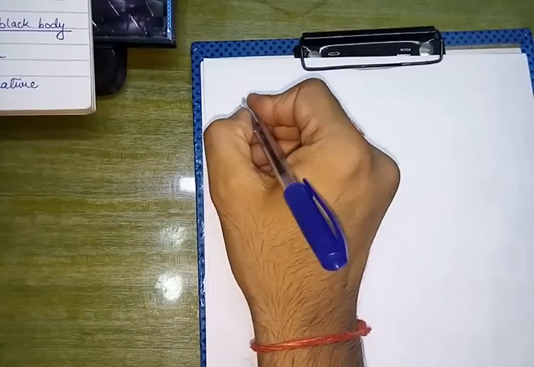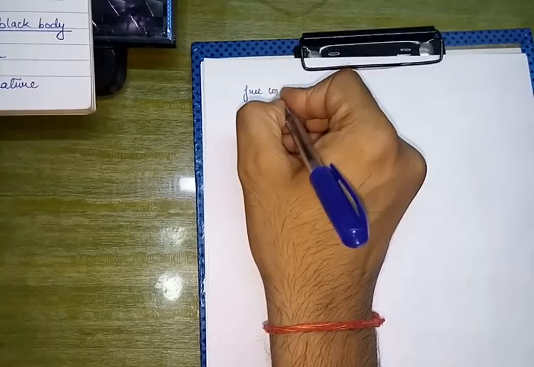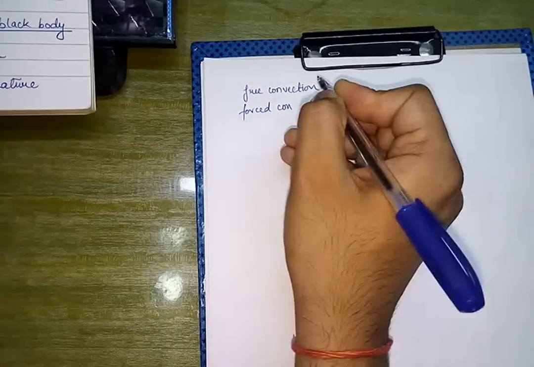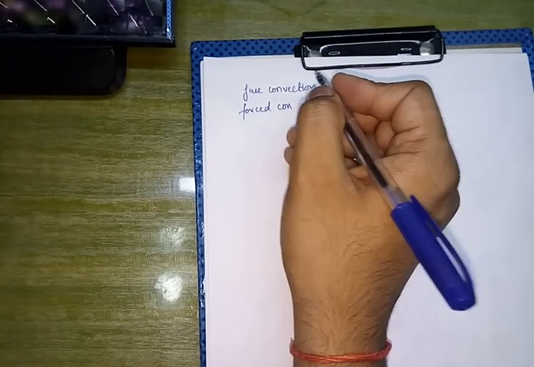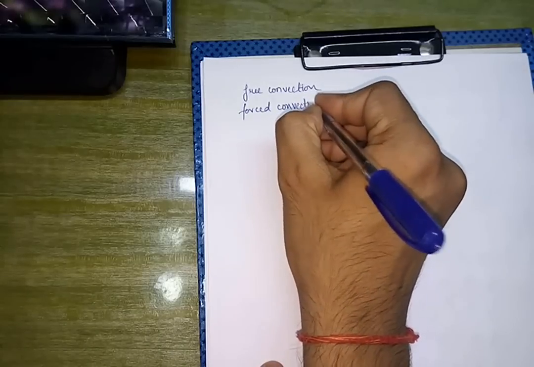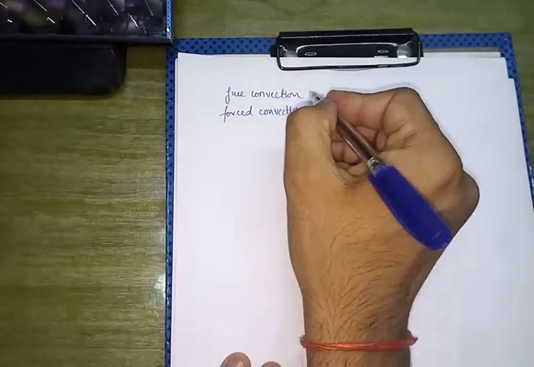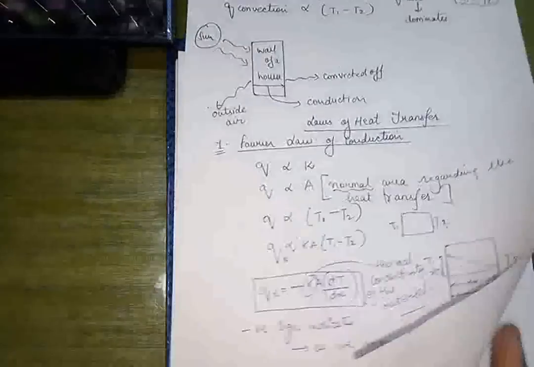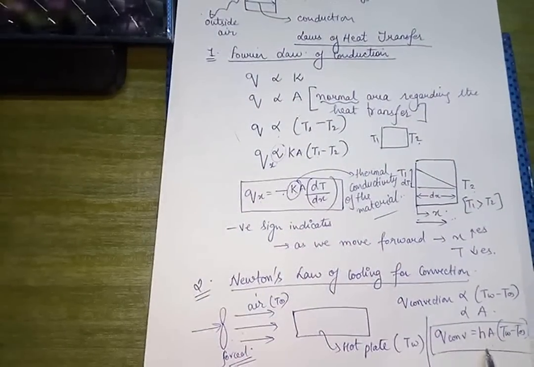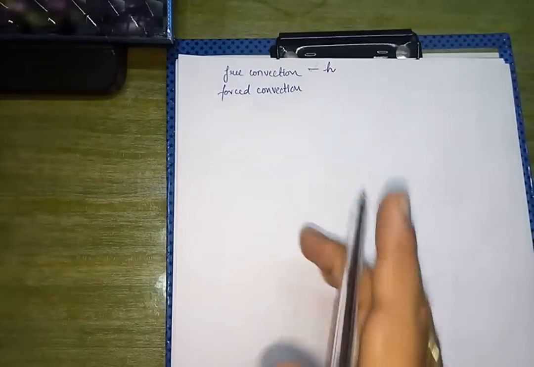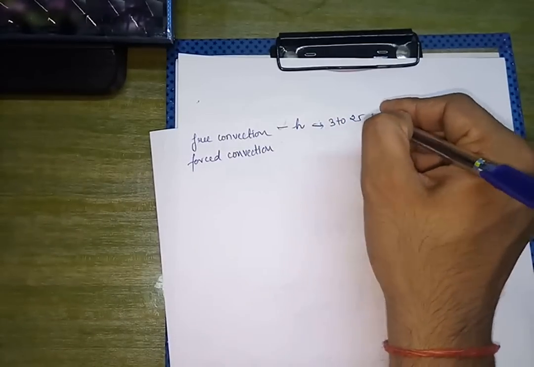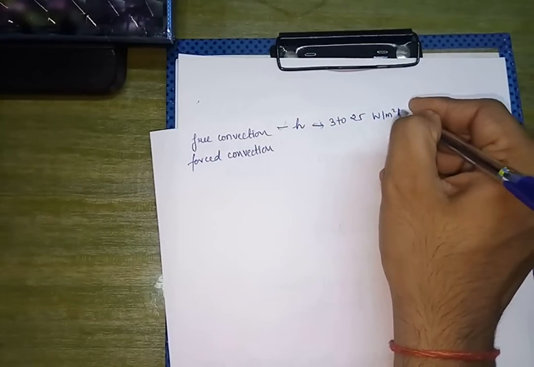Now if we compare free convection and forced convection, then in case of free convection, the value of the convective heat transfer coefficient, that is the constant which we have obtained here, h, generally lies between 3 to 25 watts per meter square Kelvin.